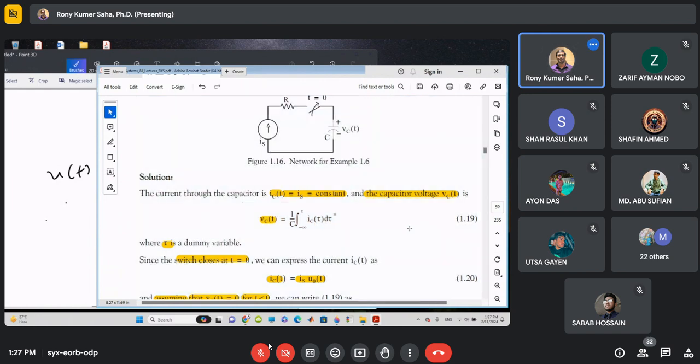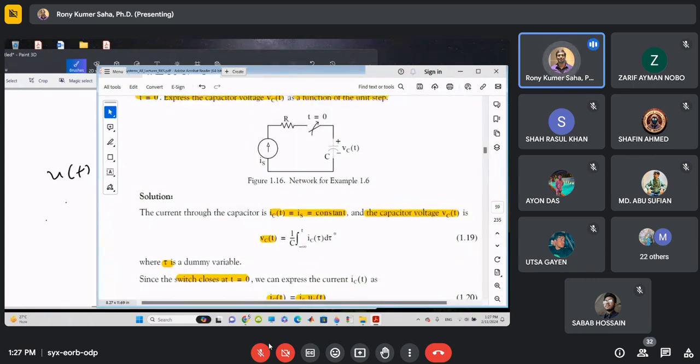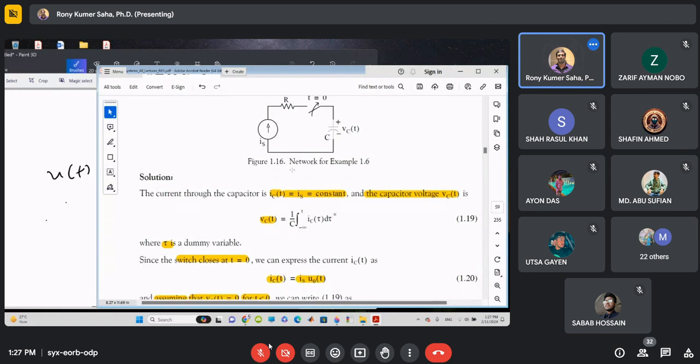Right? So since the switch closes at t equal to zero, we express this IC. This IC is basically the current flowing through this. So we can represent IC is equal to IS because this is a fixed value, and it's the unit step response, because the unit step response starts from t equal to zero.